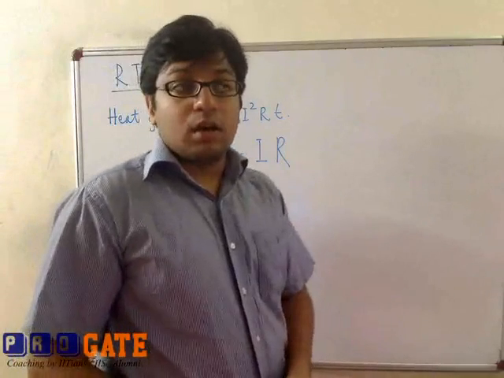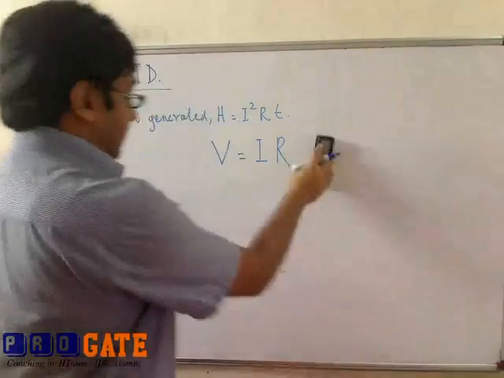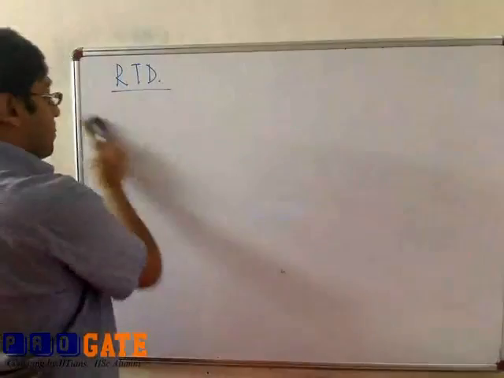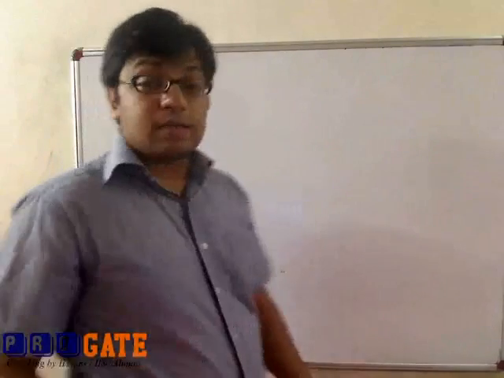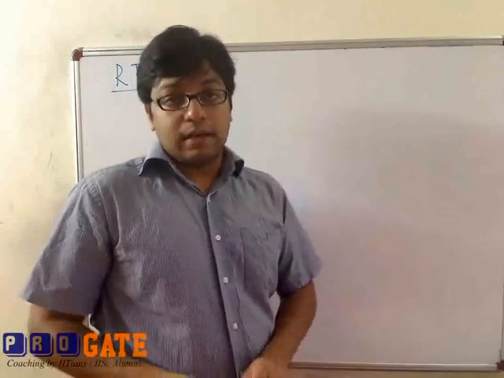So what does this apparatus look like? Well, it is simply a resistive element which is usually made of platinum.